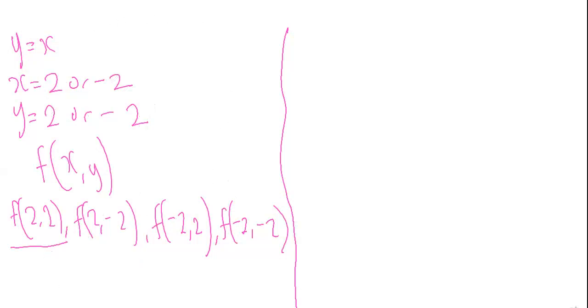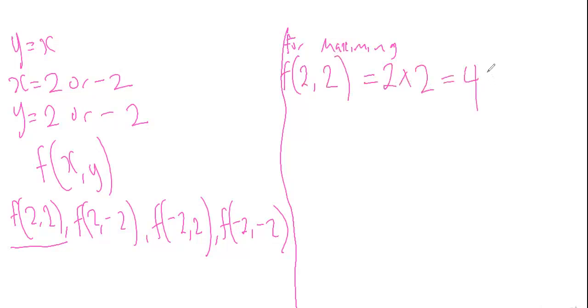So we can say for maximizing, we have when x is equal to 2 and when y is equal to 2. What would that be? We have 2 times 2, and that will give us 4.